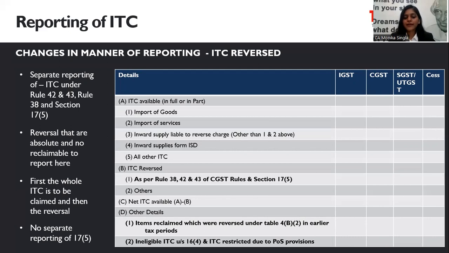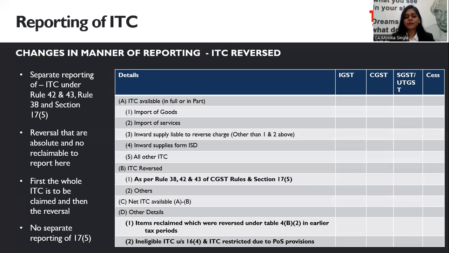Also 4D2 contains the details of the invoices, the ITC on which has been restricted due to the place of supply provisions. So let us take an example. This will contain the ITC on the invoices where the place of supply and place of supplier are in the same state, but the recipient is located in a different state.